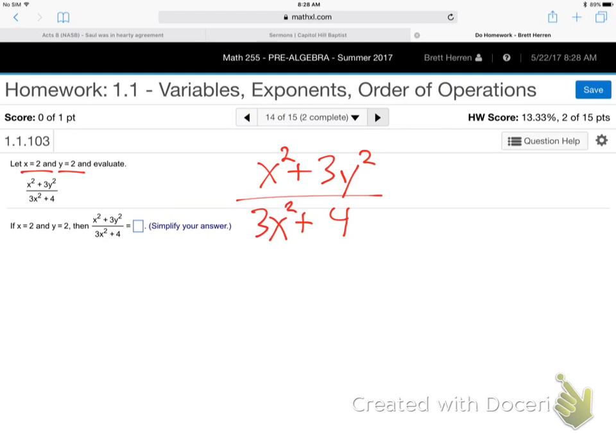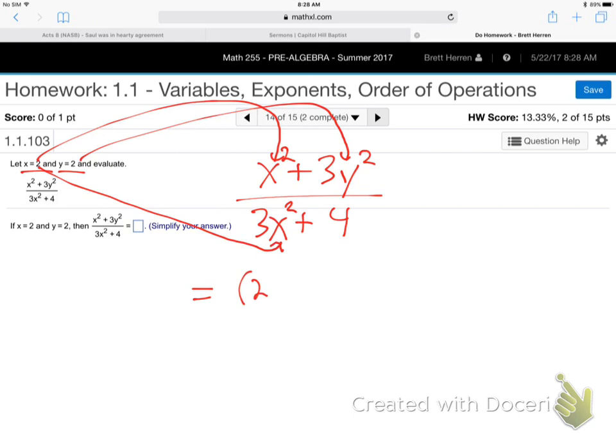They take the place of the letters. So when you plug in, this 2 will go in right there, the other 2 right there, and this 2 right there. So it'd be parenthesis 2 squared plus 3 parenthesis 2 squared over 3 parenthesis 2 squared plus 4.